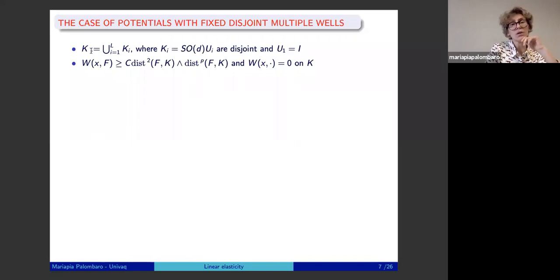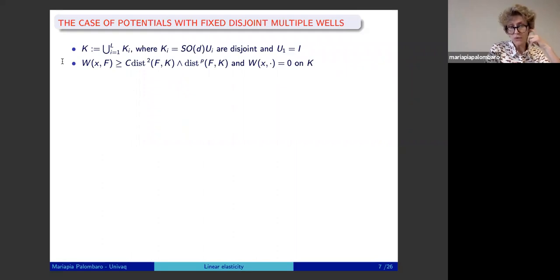So we consider several wells that are of this form, rotations times U_i. We assume that the first is the set of rotations, so U_1 is the identity. We want to allow for this mixed growth assumption. So the density of the energy is bounded from below by the minimum between the square distance and the p distance.